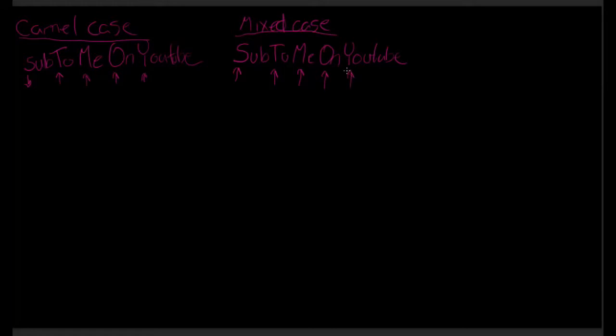So when do we use camel case? Generally, we will use camel case with our package names. We use camel case with methods. I think I was thinking of subroutines.